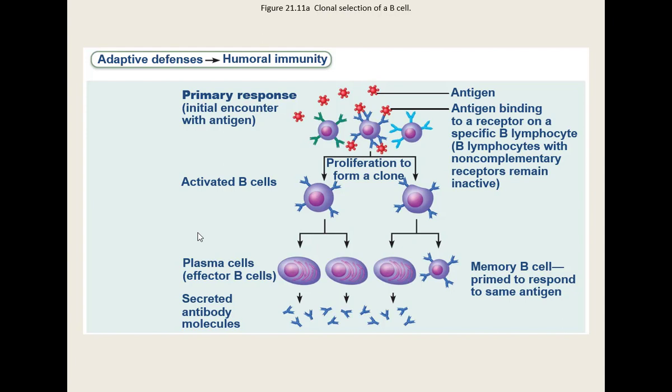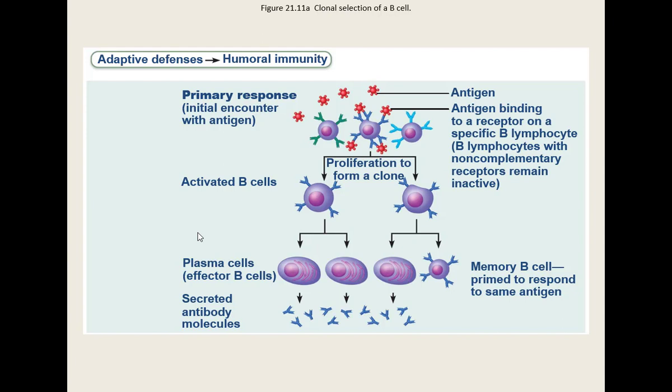That red object is the foreign thing that's in the body. And if you notice, only 1 out of the 3 can actually recognize that thing. It's the one that's got the purple. Only the purple B cell receptors recognize that foreign object. The light blue and the green recognize something else.